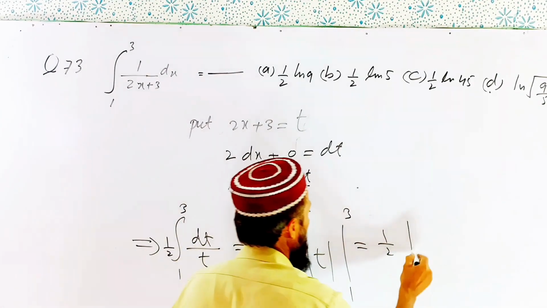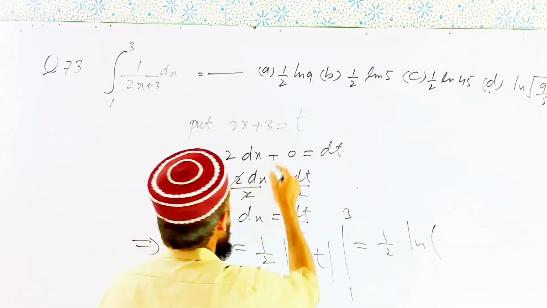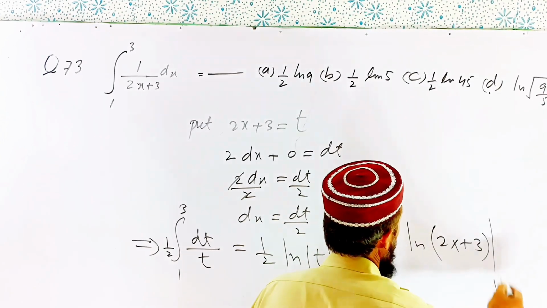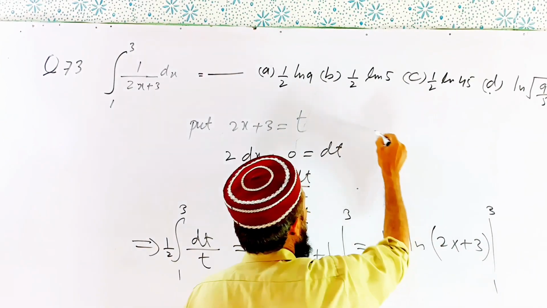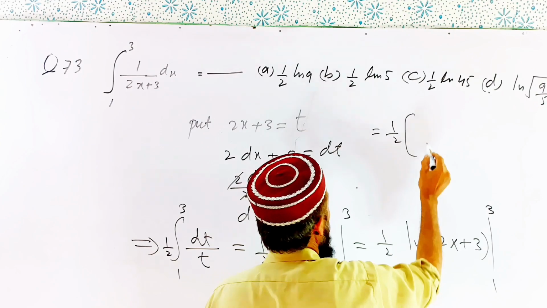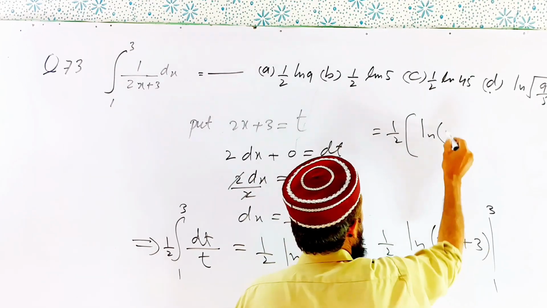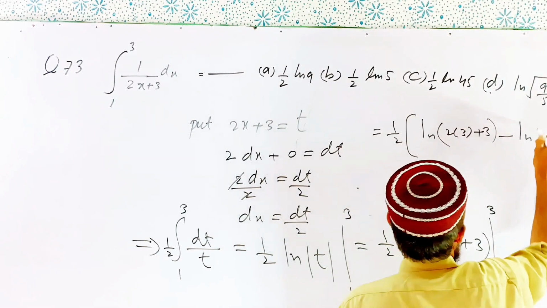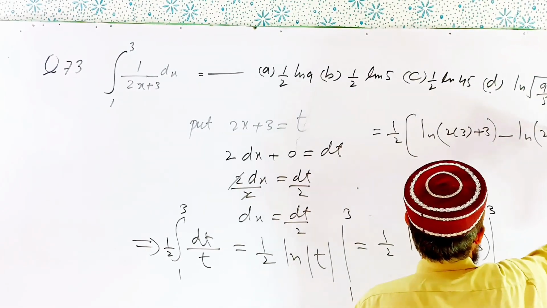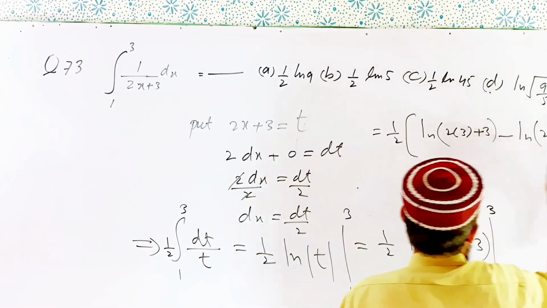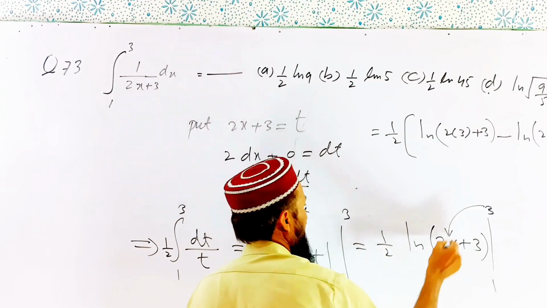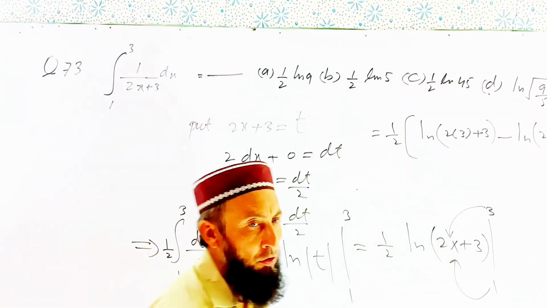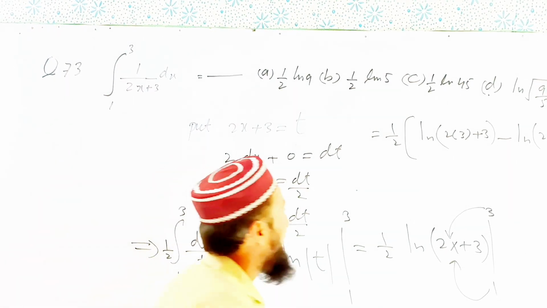In place of t we put 2x plus 3, then put the upper limit 3 and the lower limit 1. First we put the upper limit: log of 2 into 3 plus 3, minus log of 2 into 1 plus 3, according to the formula f of b minus f of a.